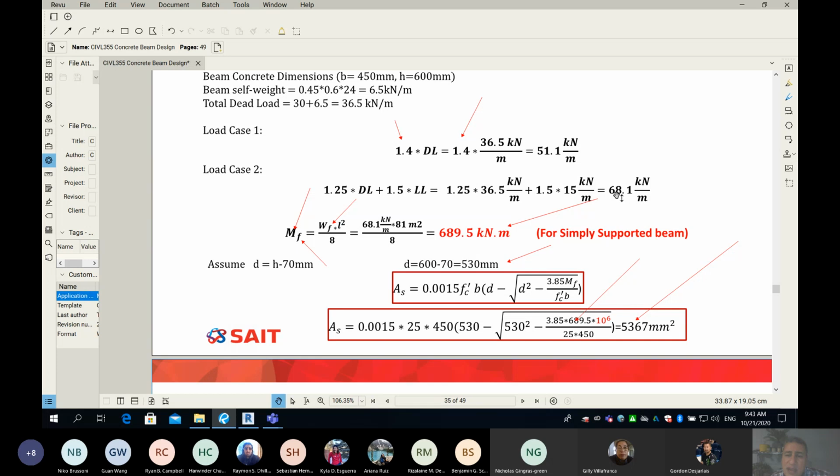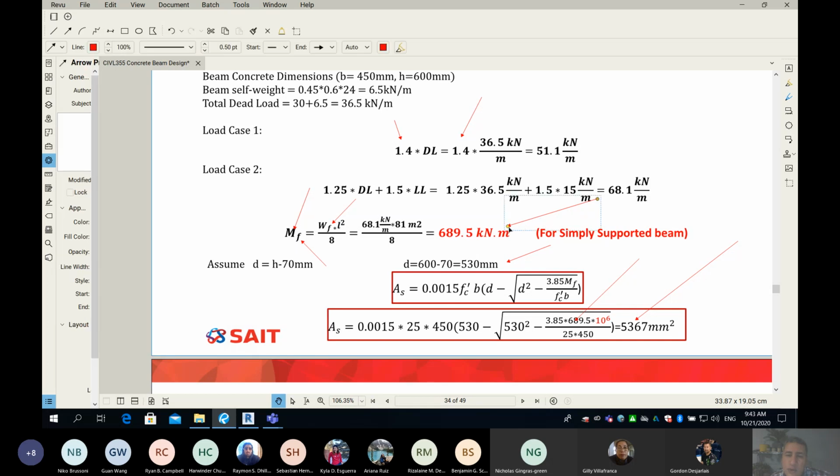So whatever I got from the load combination, 6.81, I took it and threw it into this equation, multiplied by the span squared divided by 8, and I got the moment. And in question number 2, I used WL squared over 2 because it's a cantilever. Here I used 8 because it's simply supported.